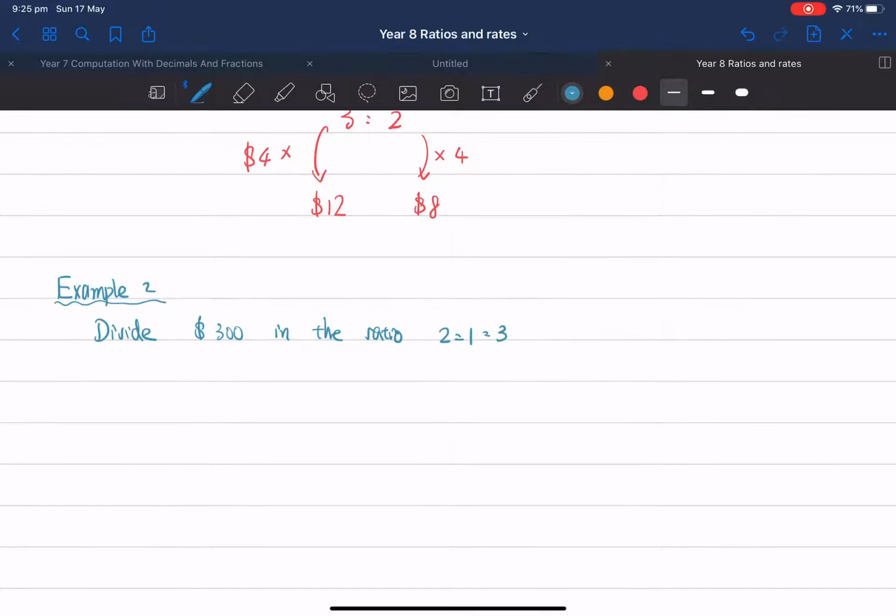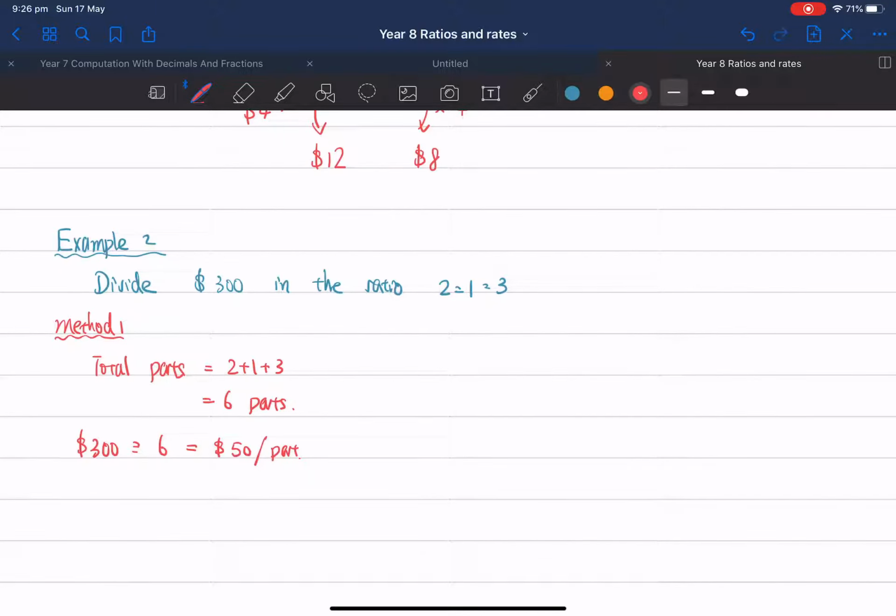That would be 2 plus 1 plus 3, which is equal to 6 parts. And then I want to divide $300 by 6 parts, so I get $50 per part. Once we get $50 per part, we can find each individual amount.